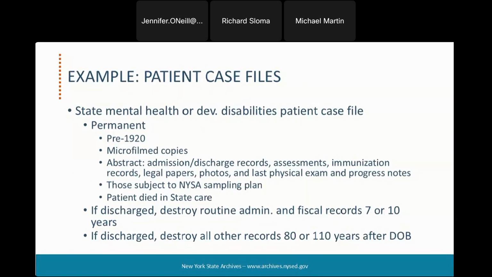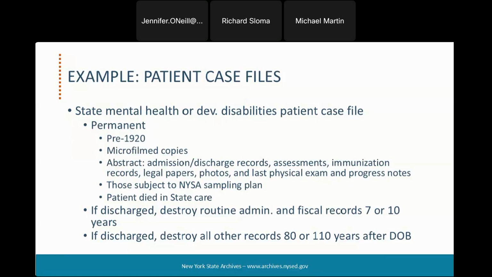Thanks, Michael. So I'm going to talk next, as an example, about some patient case files. These are specific to the state Office of Mental Health and the Office for People with Developmental Disabilities. But if you have patient case files, you may have something kind of similar in place. They have a pretty complicated retention schedule.